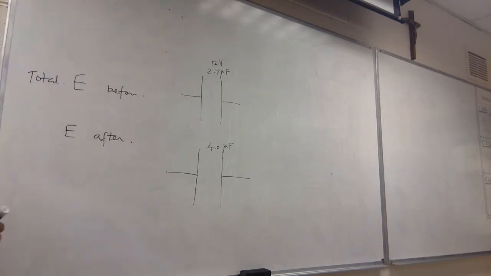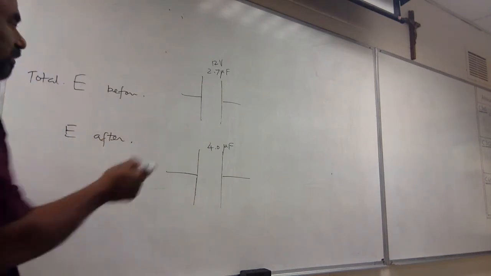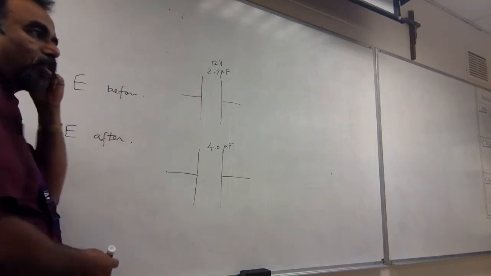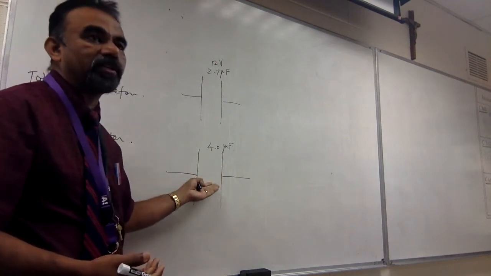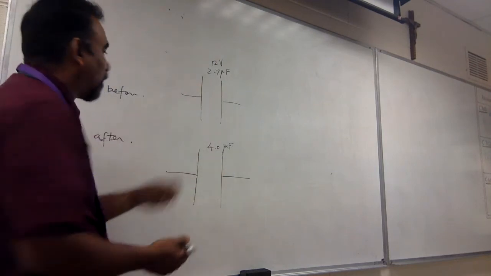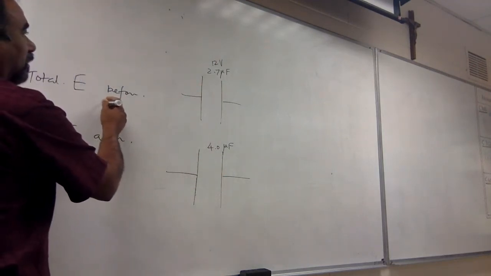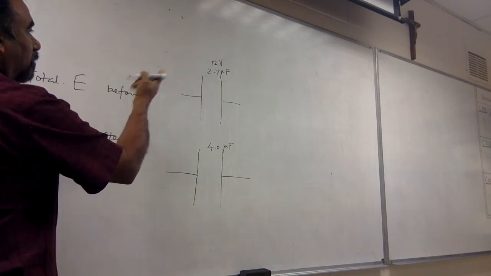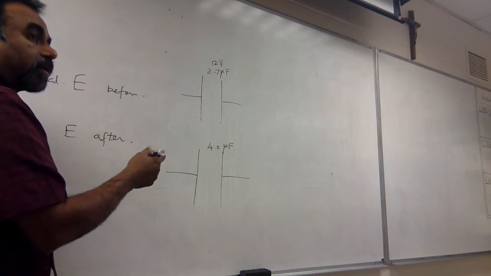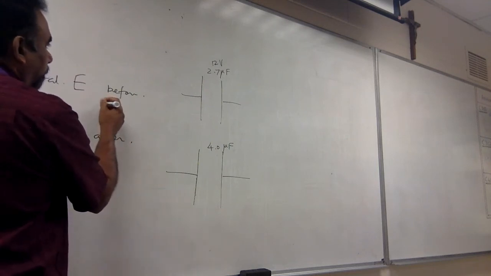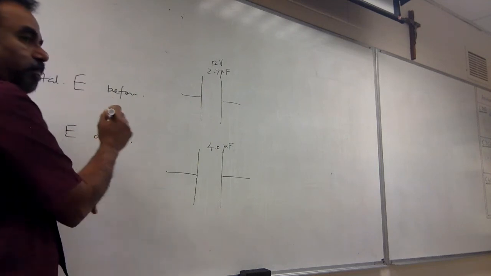Yeah, CV squared over 2. Half CV squared. Because this has no energy. This is the only one which has energy. How much is it? How much is half times 2.7 micro times 12 squared? You can express in microjoules. That's fine also.